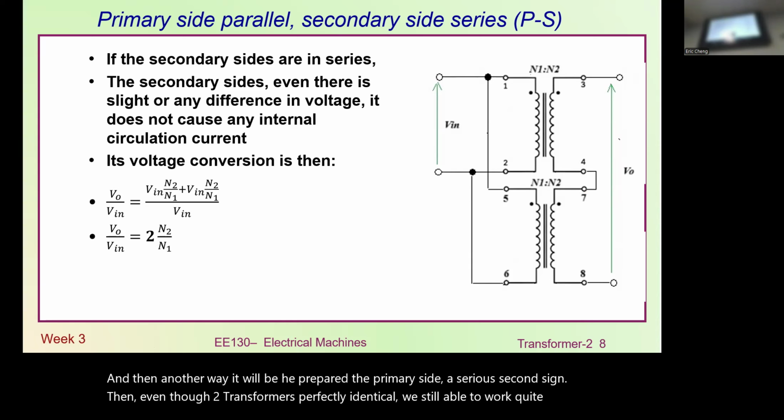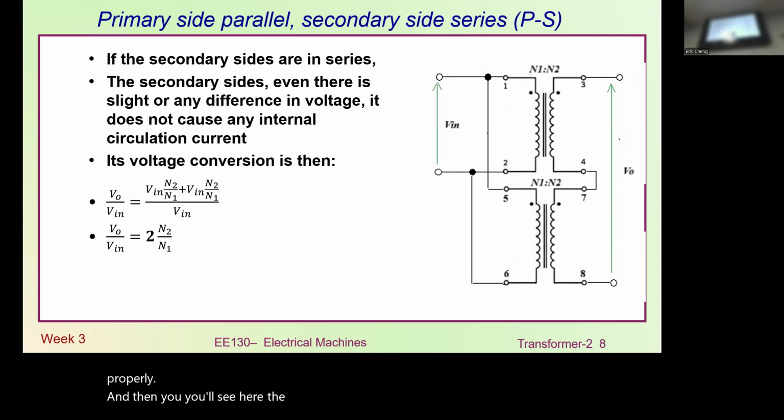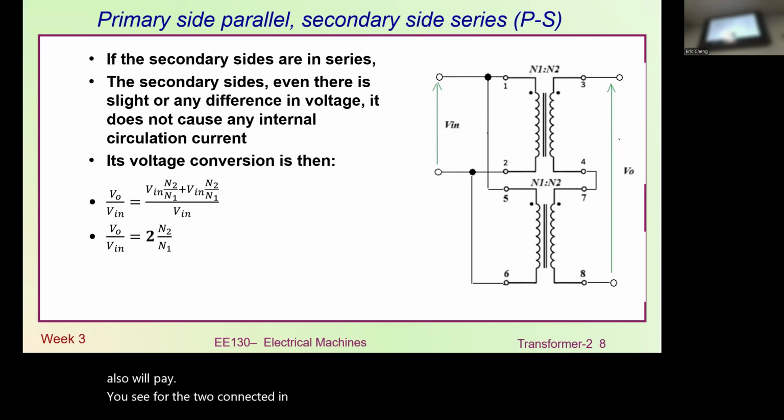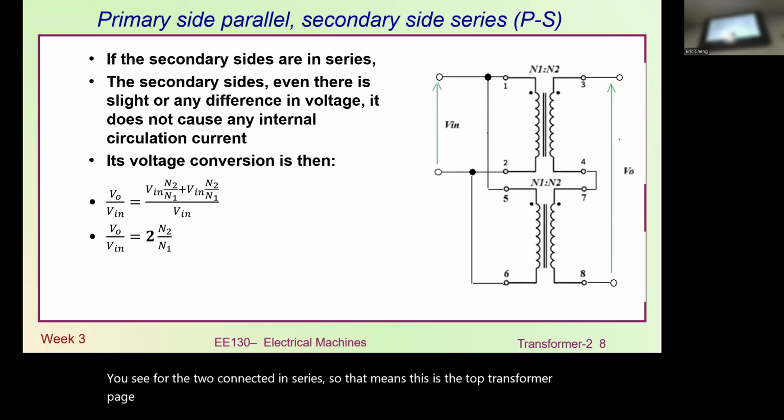And then you see here the voltage conversion ratio using this method. Output voltage is equal to the two connected in series. Because we're putting two dots in here, these two dots mean they're connected in series.